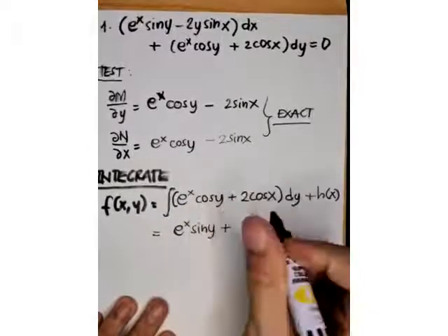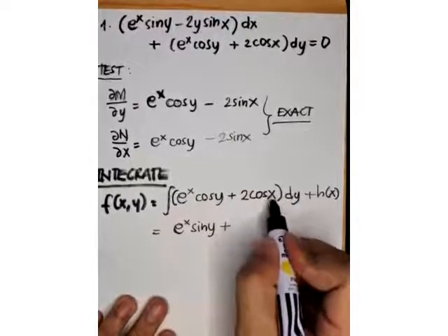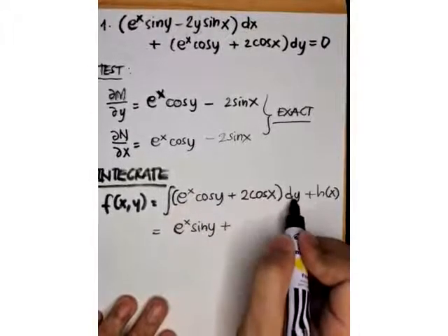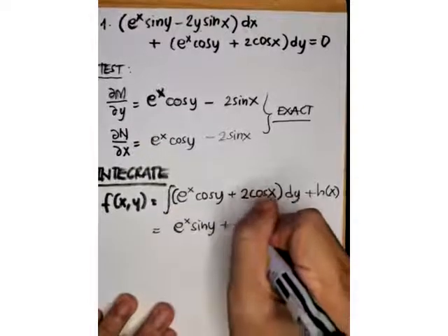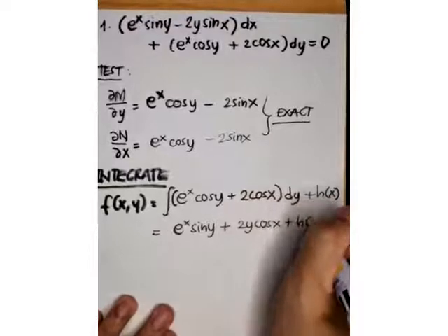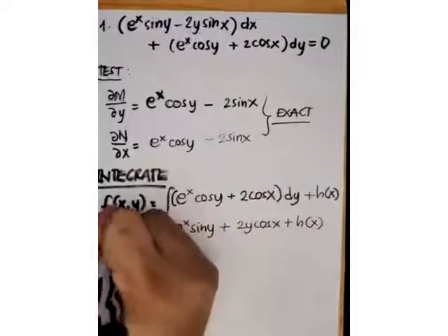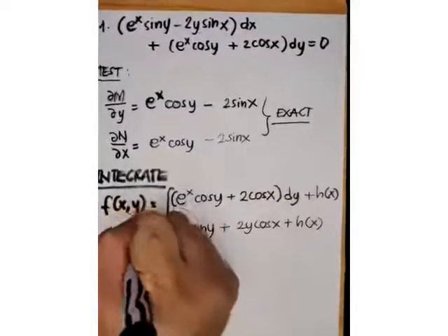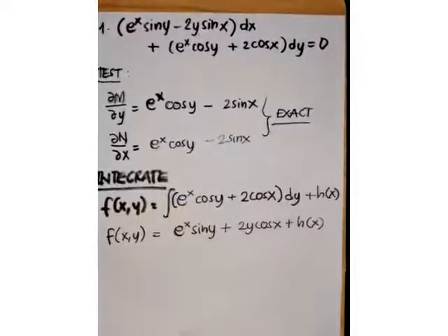Plus, since cosine x is a constant, 2 cosine x is a constant, and then the integral of dy is just y. So it's 2y cosine x plus h of x. So this is our function. Wala na tayong kailangang i-simplify kasi wala namang nakakancel.